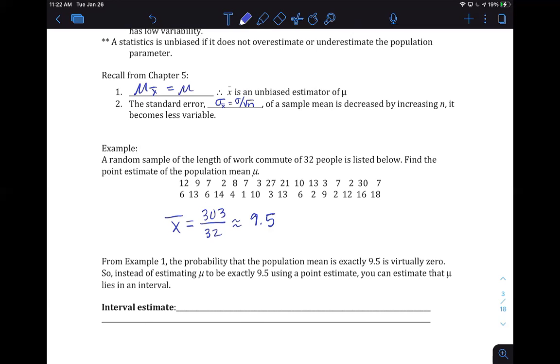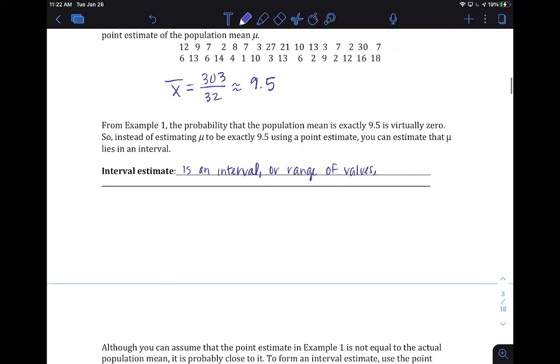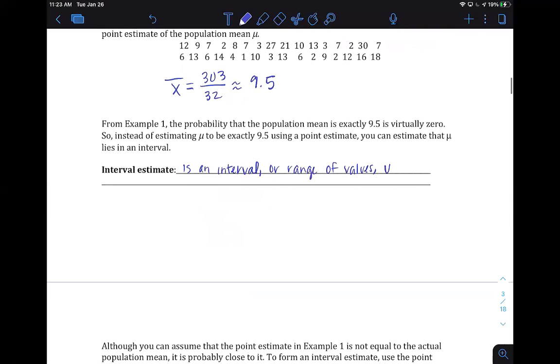So our interval estimate is an interval or range of values used to estimate a population parameter.